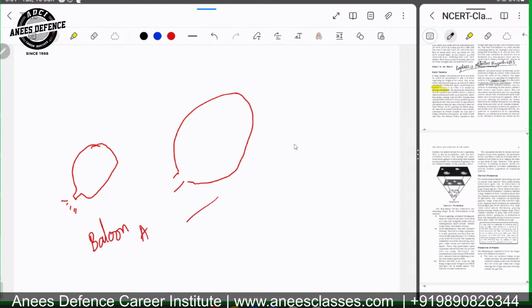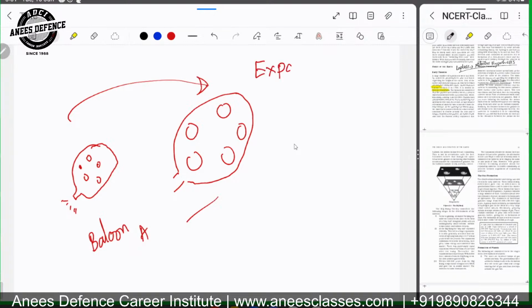Let us say these are 5 dots in the balloon. You will see the size of the dots also increases. This is what is called the expanding universe theory, which is also called the Big Bang theory.